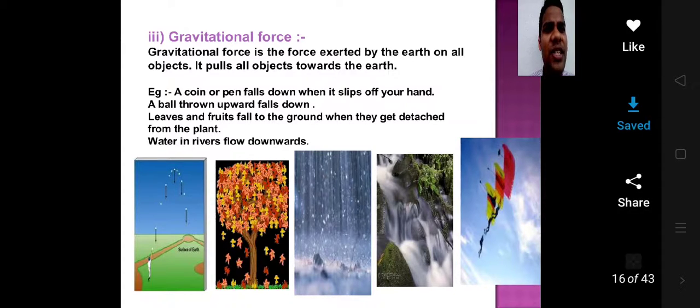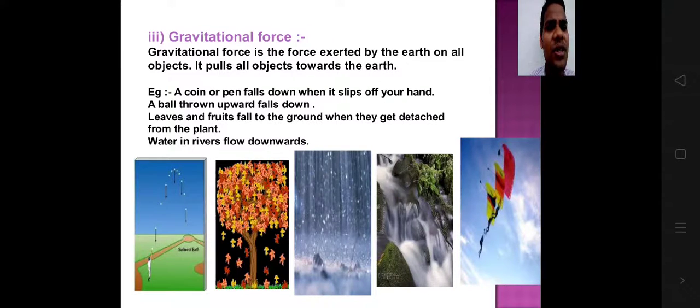Earth is very massive, and earth attracts all objects towards itself because of its heavy mass. So in that sense, gravitational force is exerted by the earth, right? A coin or pen falls down, or everything which is falling down can be attributed to gravitational force. So this is about gravitational force.